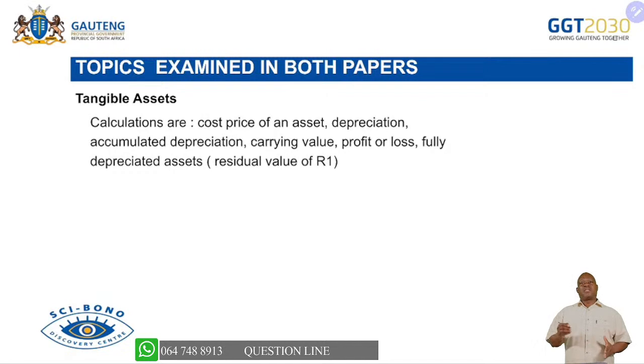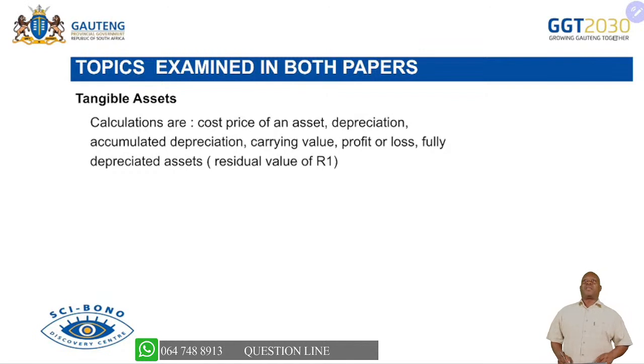So we need at least to have covered this topic going into paper 1. So the calculations that we may find in paper 1 include the cost price of an asset, the depreciation, accumulated depreciation, the carrying value, the profit or loss on disposal, and the fully depreciated asset.